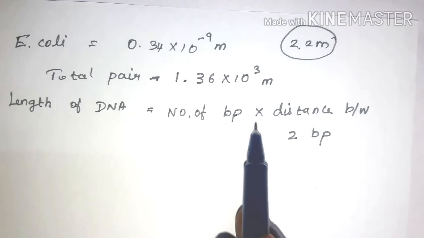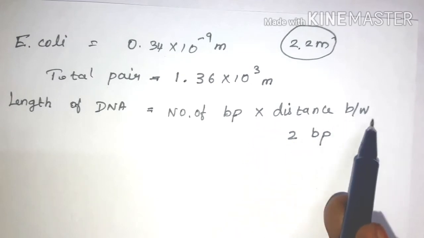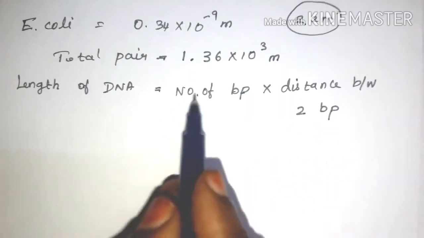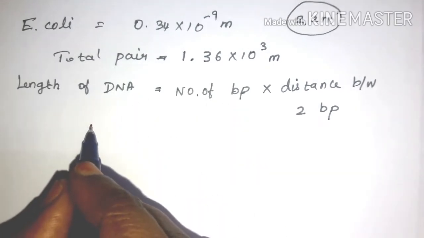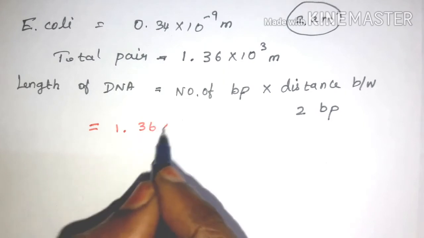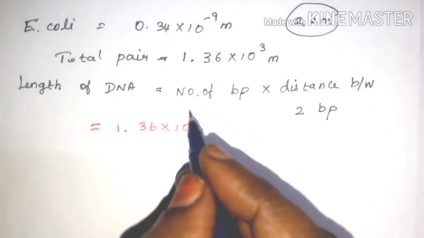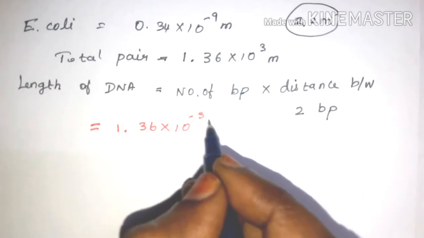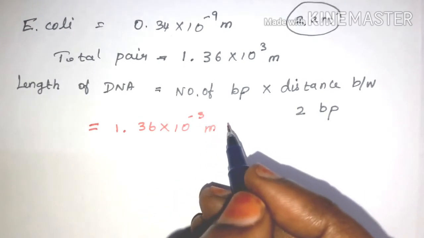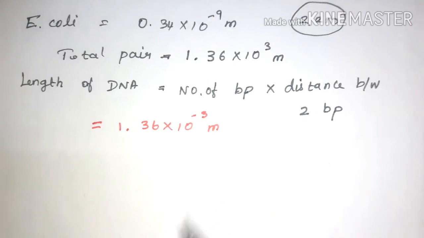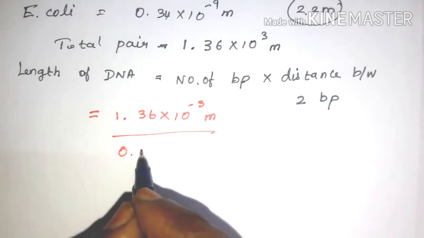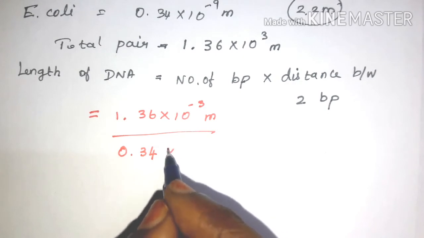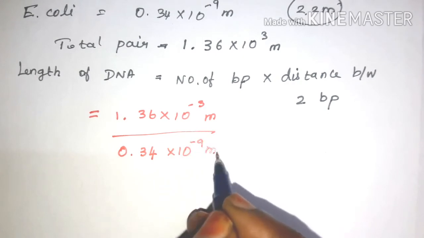The number of base pairs is 1.36 10 to the power of -3 meter into 10 to the power of -9 meter.